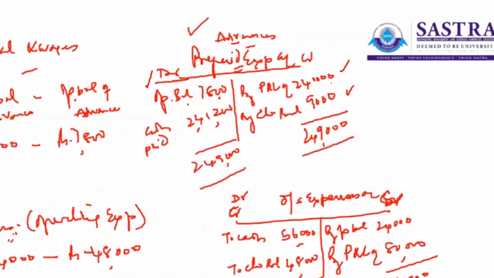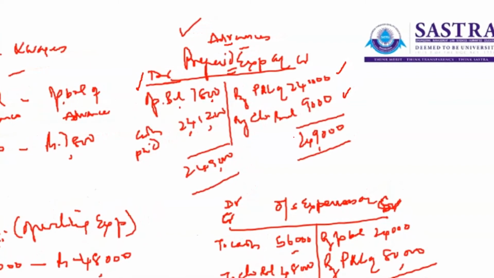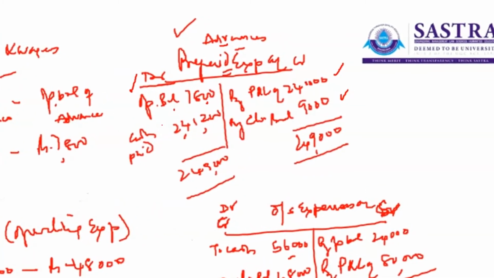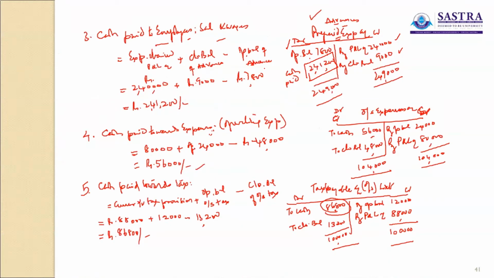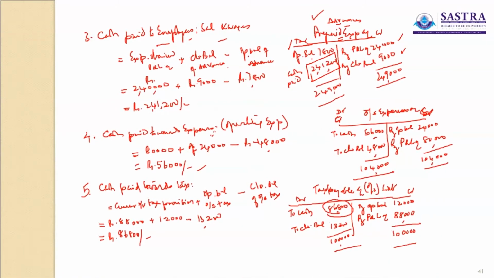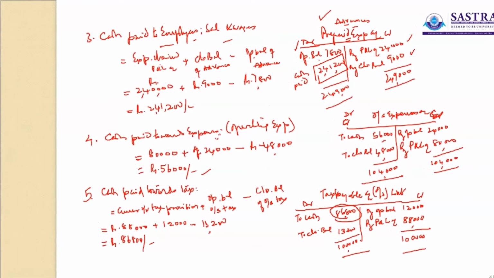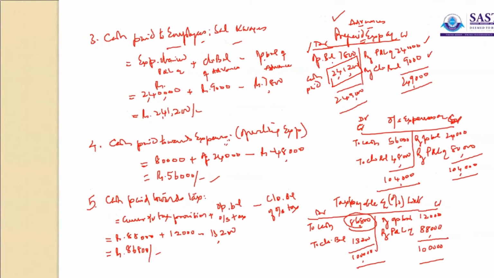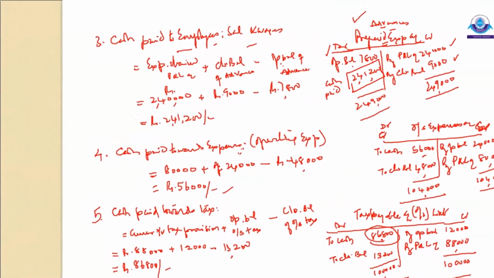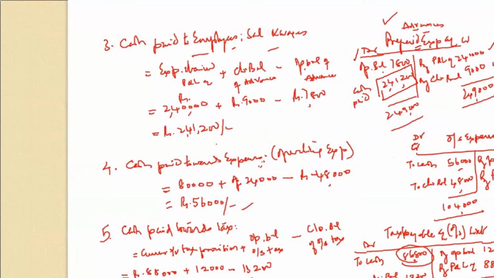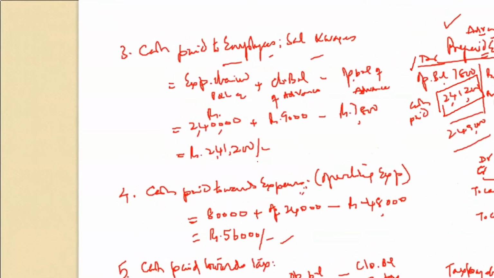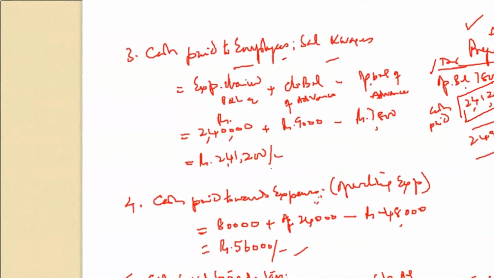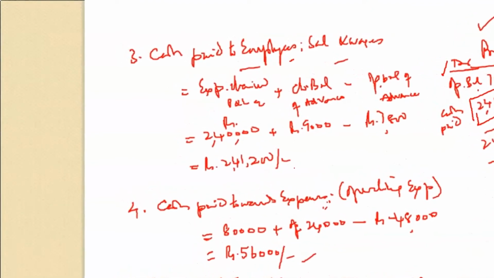By closing the ledger, we can calculate the amount of cash paid. Or this can be arrived at using the equation: the amount of expenses claimed as per the P&L account plus closing balance minus opening balance. You can also follow this method to calculate the amount of cash paid to employees.